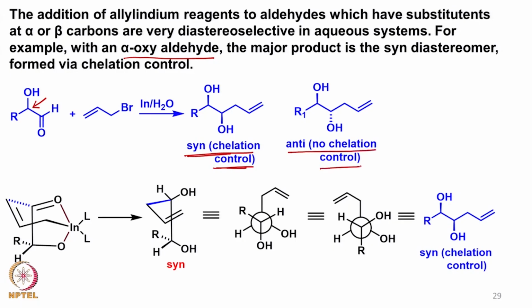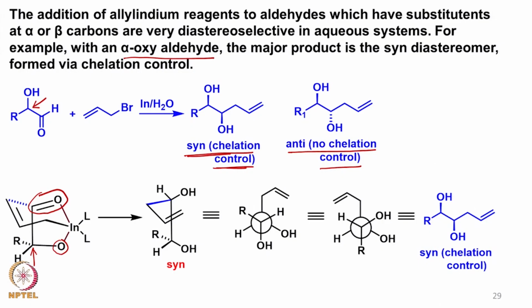So what is happening is that if we look at the intermediate here, as you can see, this is the aldehyde portion here, the aldehyde carbon is attached to the next carbon atom, and then the OH is here. So this part is basically an OH part, and this part is of course the R group which is present here.